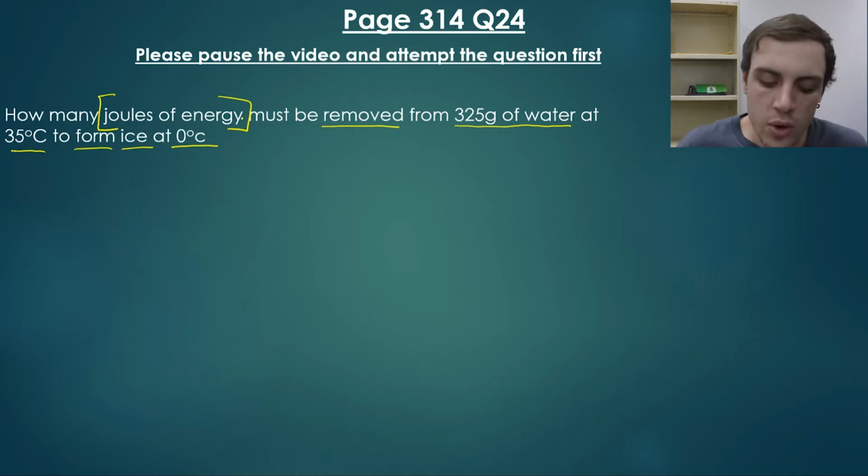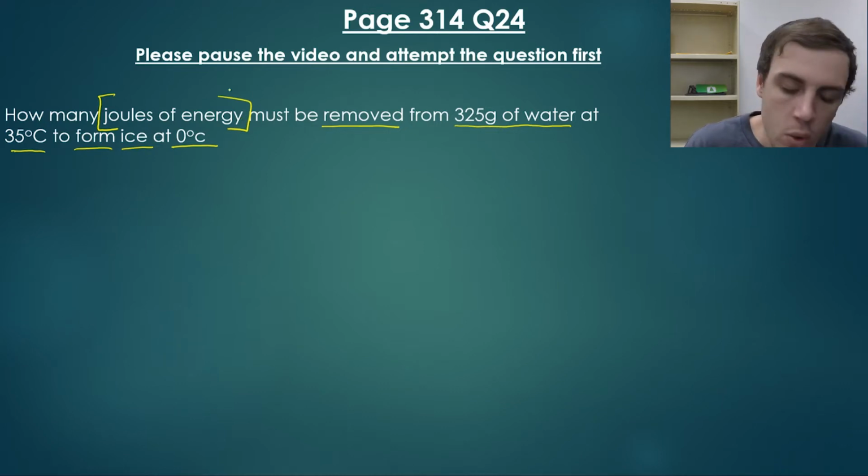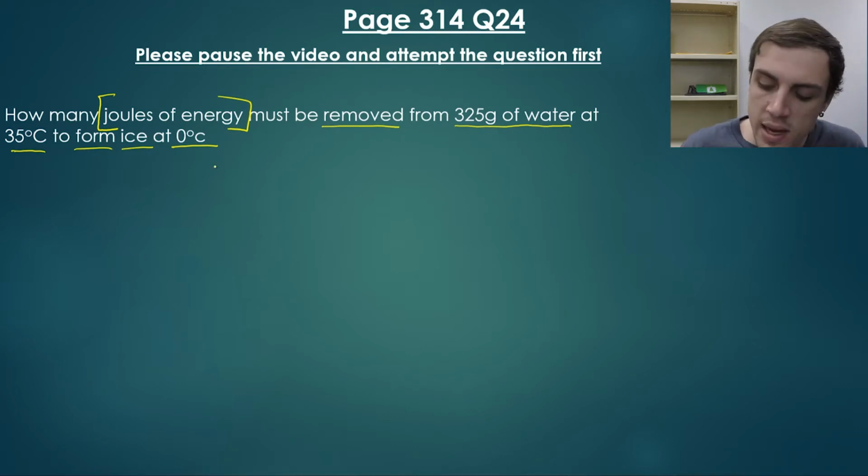So it wants to know how much heat or energy is being removed. So the key pieces of information from here is that we have 325 grams of water at 35 degrees, and we want to see how much energy we have to withdraw to turn it into ice at 0 degrees. So this requires two different things.